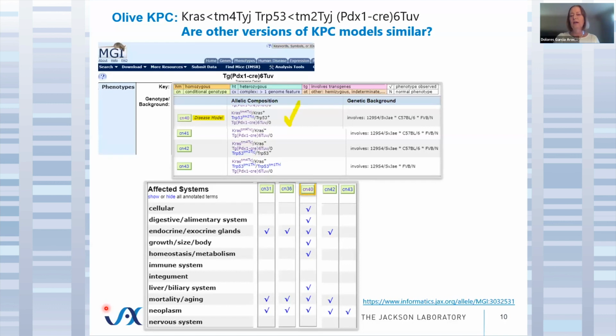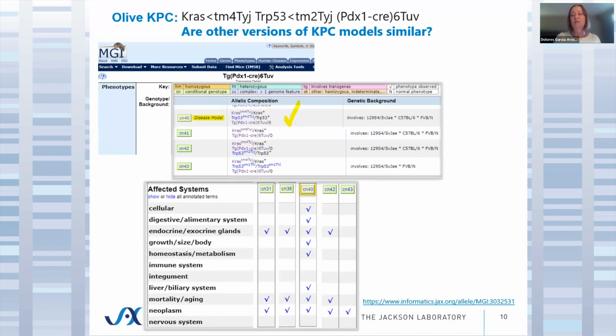So if we move on to the next slide, I wanted to show you another application of the MGI that really illustrates this. And again, I'm opening here the MGI for PDX-Cre1. So I was wondering how many other KPC models were made using the exact Cre strain that the Olive Lab did.